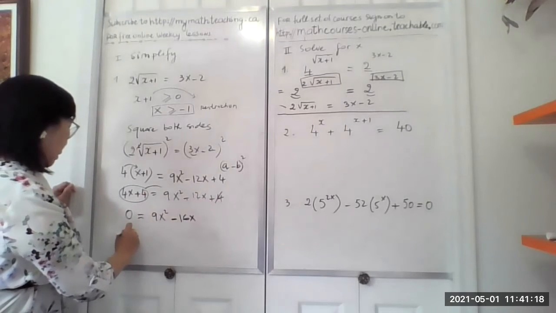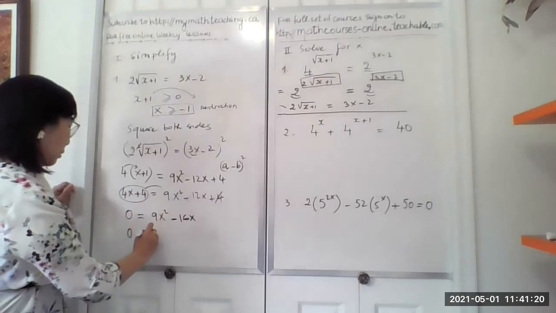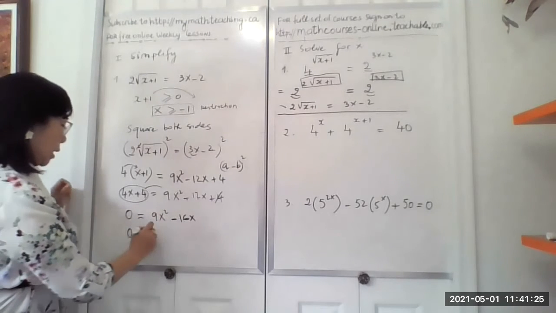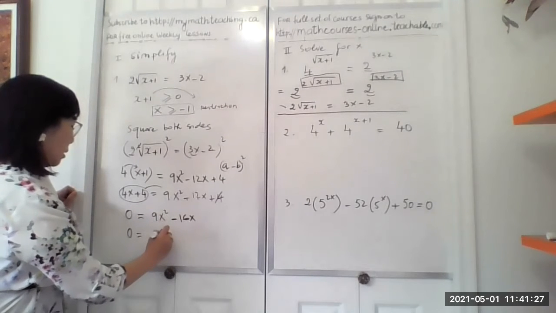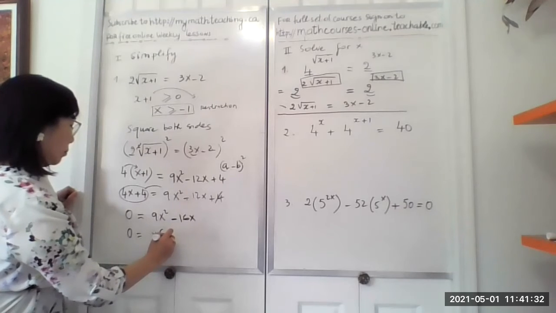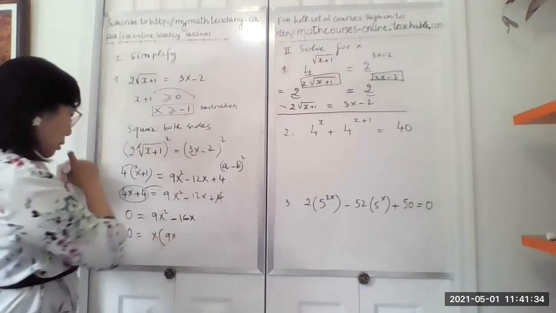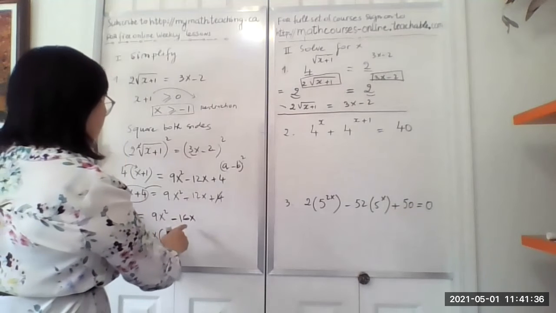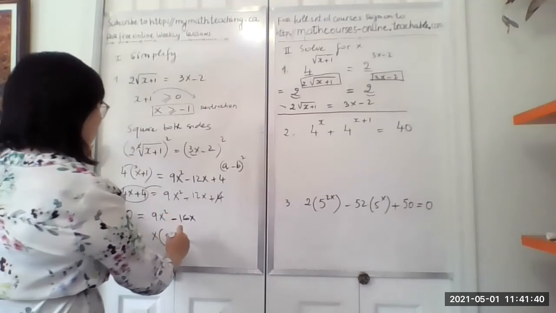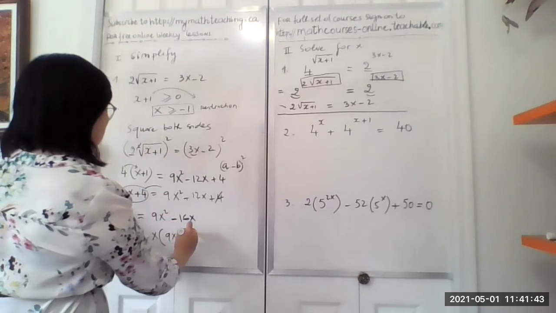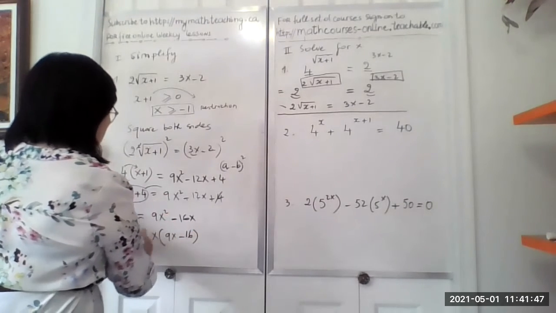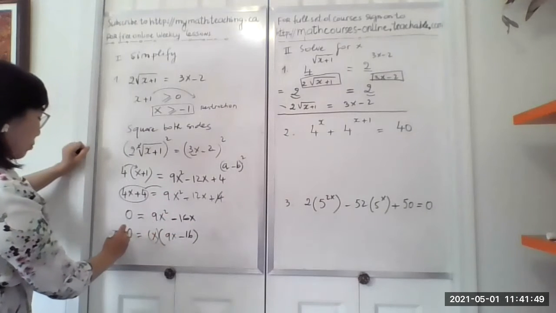At this point, I can factor out x again. And in here, I have 9x. If I factor out this, I have 9x minus 16. So to solve this, I will set each bracket equal 0.